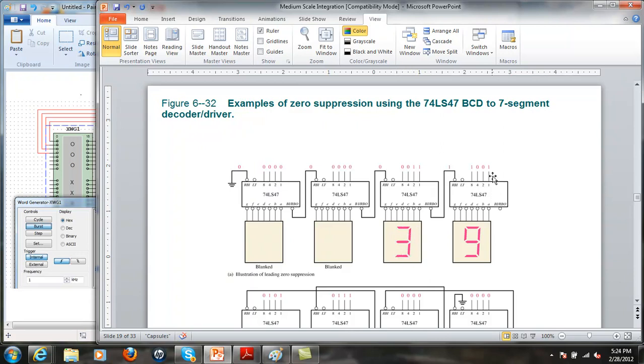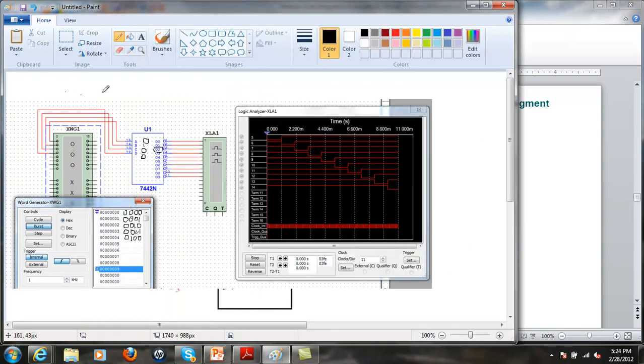So in this particular case, it's activating a 1001, which is the binary coded decimal value for 9, and it's turning on these LEDs in a 7-segment display in a specific pattern so that the 9 is activated. So let me just go over here and explain that a little bit.